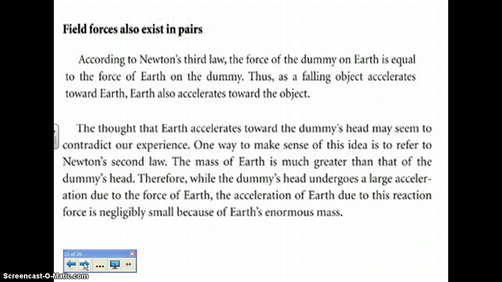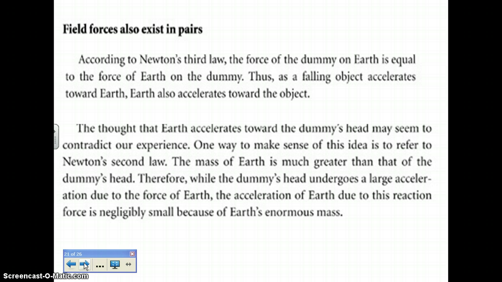Okay, F equals MA, right? So if you're talking about a small force, then you have a small acceleration, because the mass would then have to be, well, stop and think. Mass and acceleration are going to be inversely related to each other. So a small acceleration would be a really massive object, whereas a large acceleration would be a less massive object.